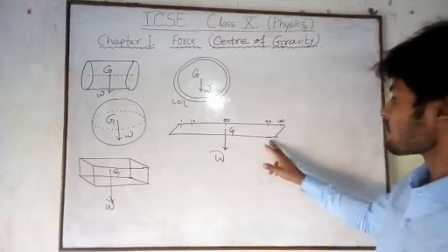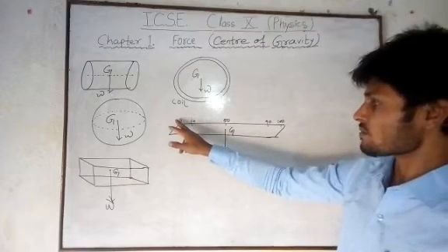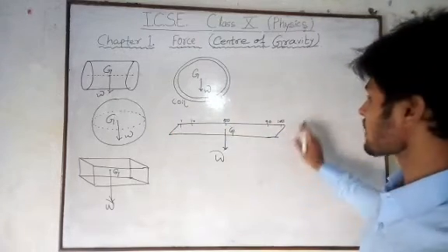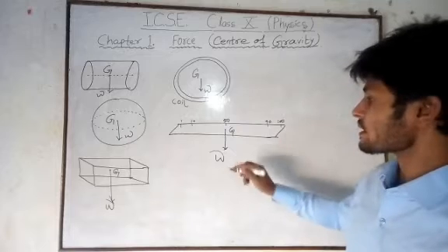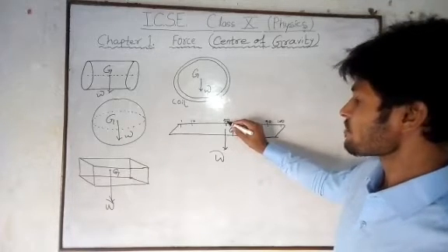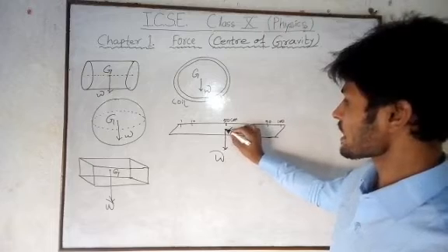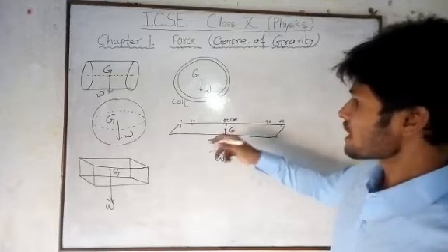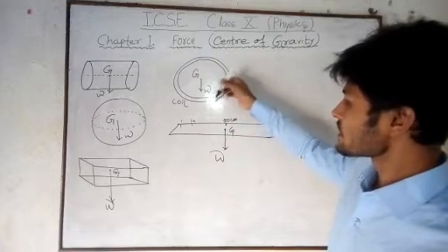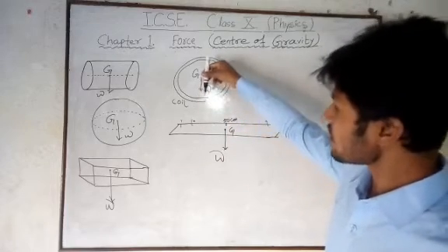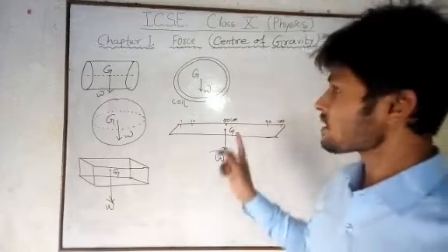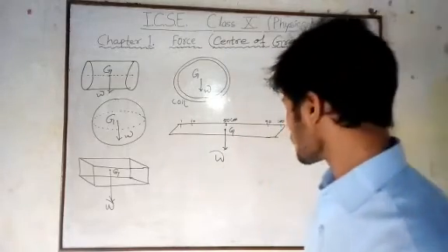Now this one is like a meter scale, 1 centimeter to 100 centimeter, so its length is 1 meter. Its center of gravity is exactly at the 50 centimeter reading. So see, the weight of each body acts along the point where the center of gravity exists in the body.